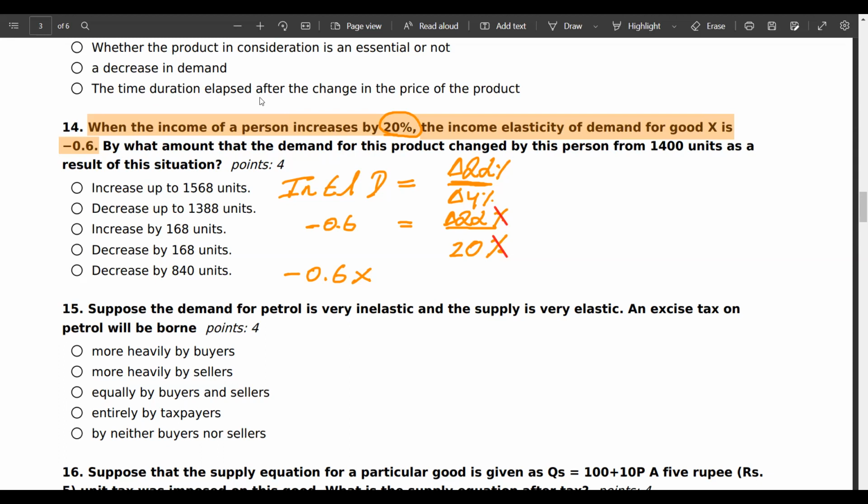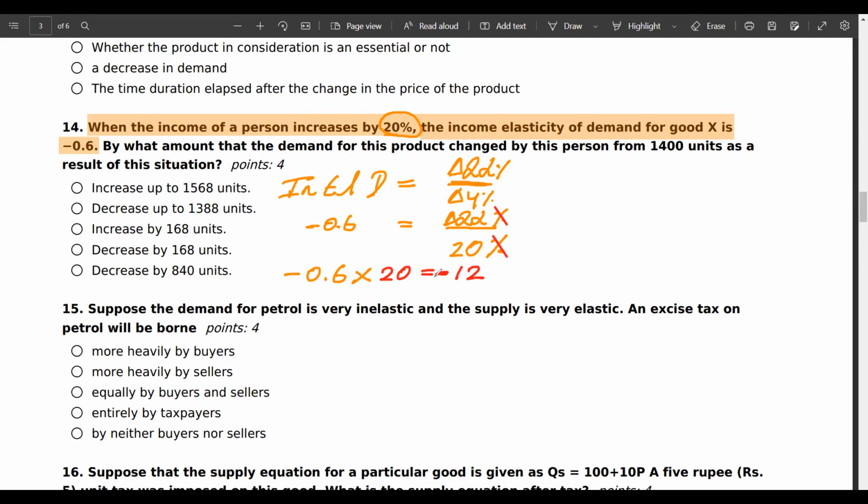Then what do you get? Minus 0.6 into 20 is how much? Just multiply this and take it. You get a decrease of 12. Is that correct? A decrease of 12.